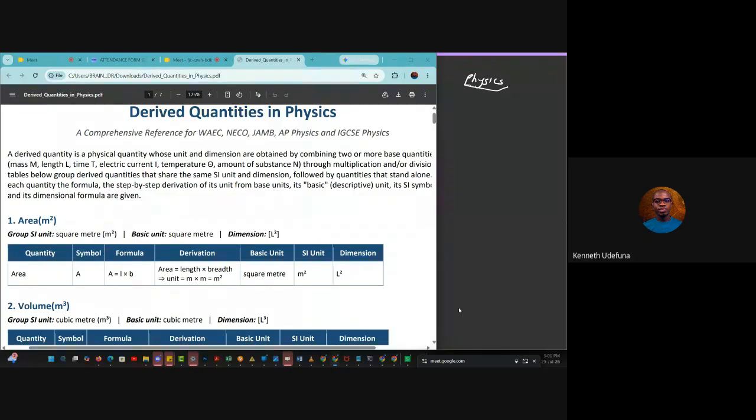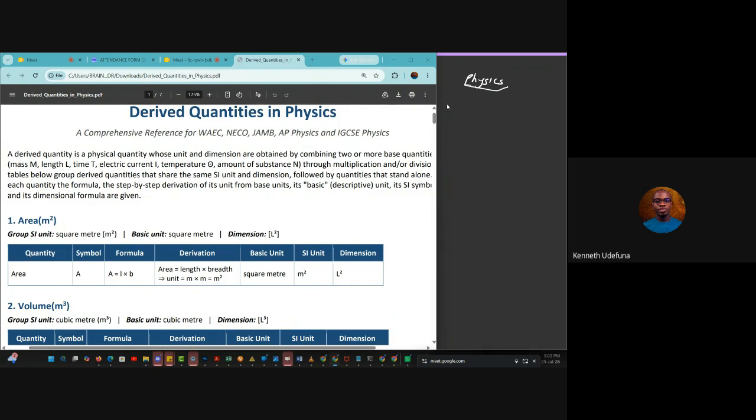Now, the essence of today's class is for you to understand physics very well, because in physics, we have something that we call quantity. And this quantity simply means scientific parameters. Scientific parameters simply means anything that can be measured.